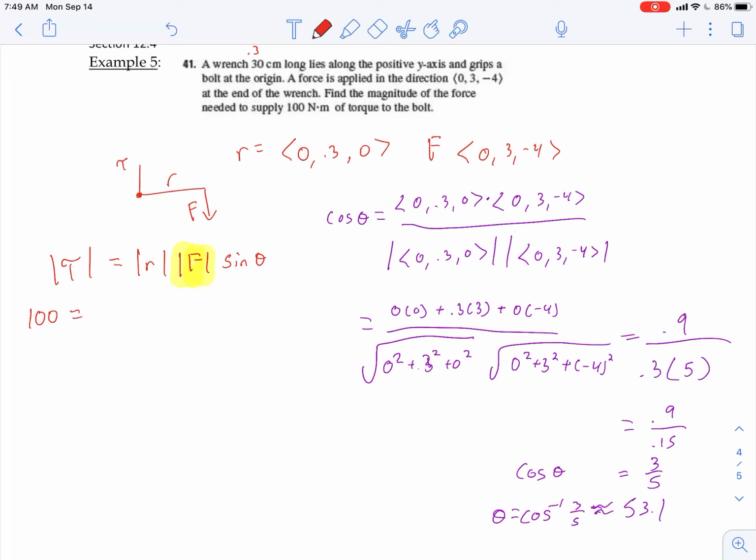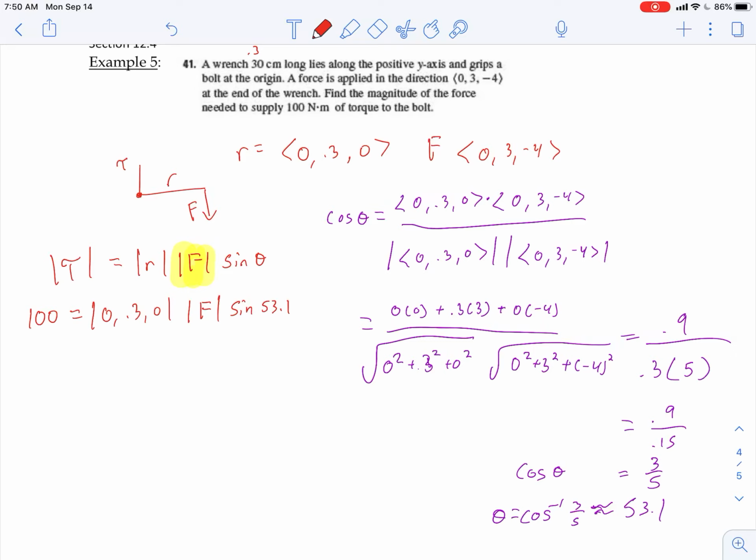That's equal to the magnitude of r, which is 0.3, which we've already done on the right, times the magnitude of F. We don't know that. And then sine theta, which is sine of 53.1.